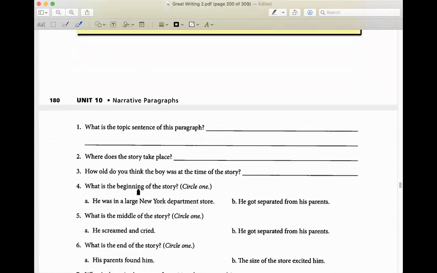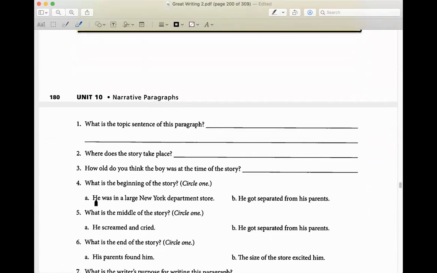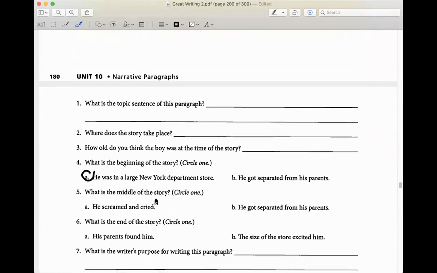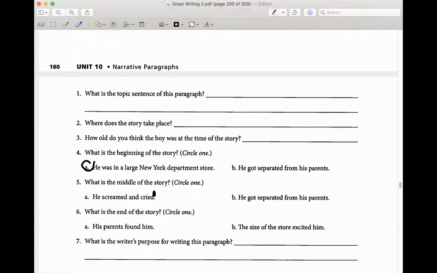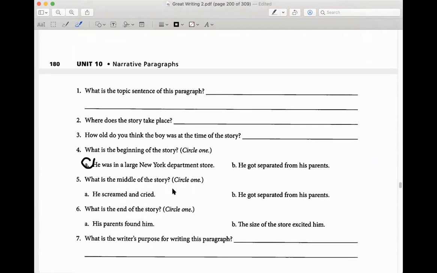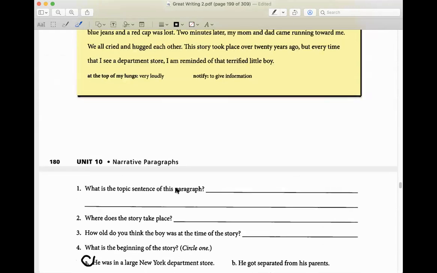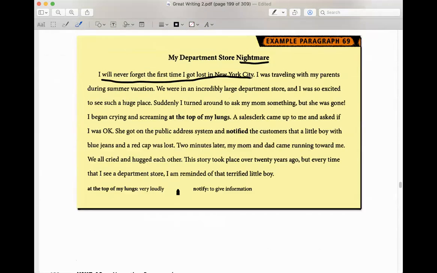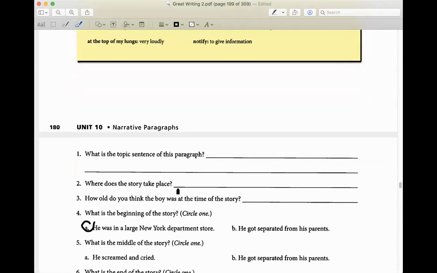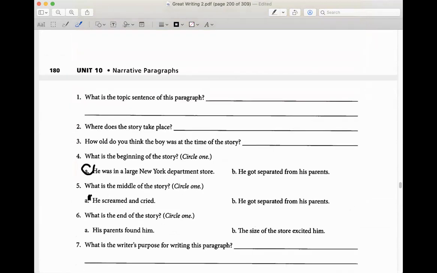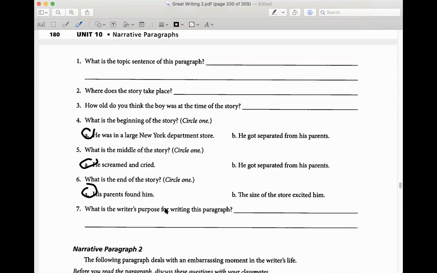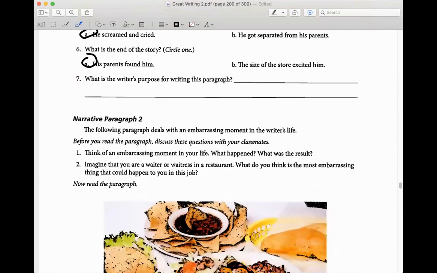Number 4, what is the beginning of the story? So he was in a large department store. What is the middle of the story? I would say actually the middle is probably he started screaming and crying. And the end of the story, his parents found him. Okay.